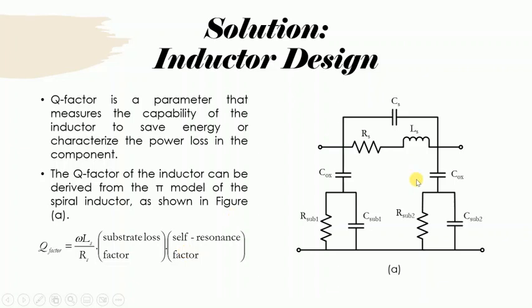Ls represents the coil equivalent inductance, and Rs represents the equivalent resistance caused by the coil metals and the effects caused by the conductor and substrate.